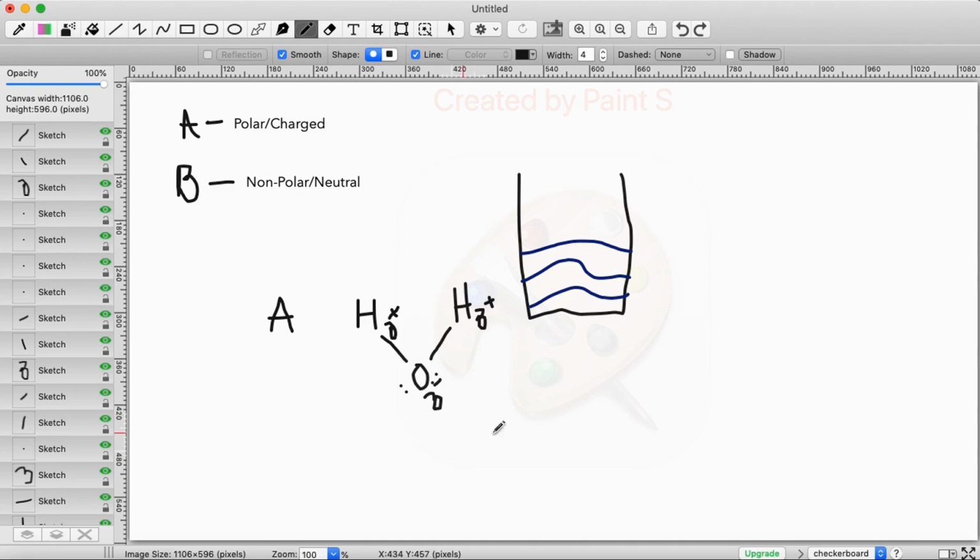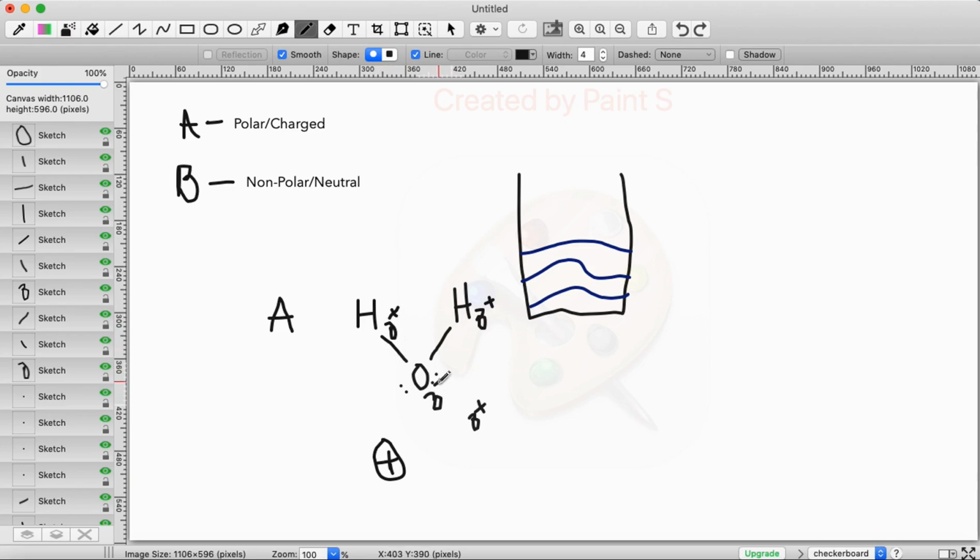And so you can clearly see if they had something else that was partially positive, or something that was fully positive, that was actually charged, like full charge, right? Then it would interact very well with this, because negative likes positive, positive likes negative. You see that here, right?